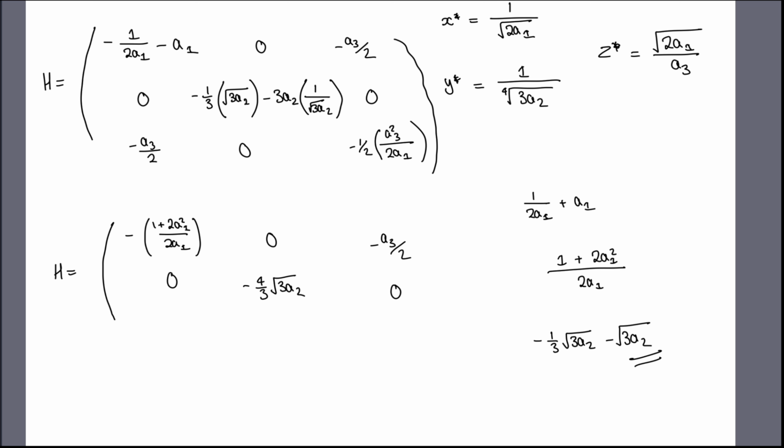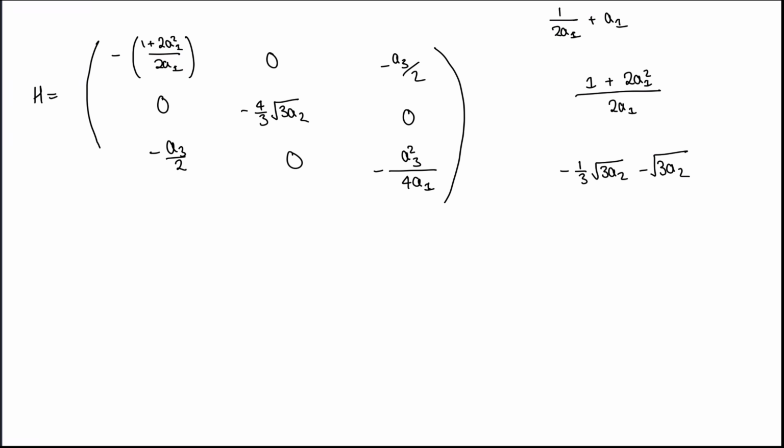So here we get minus 4 over 3 root 3a2, and minus a3 over 2, 0, a3 squared all over 4a1. That's what we get over there. Cool.